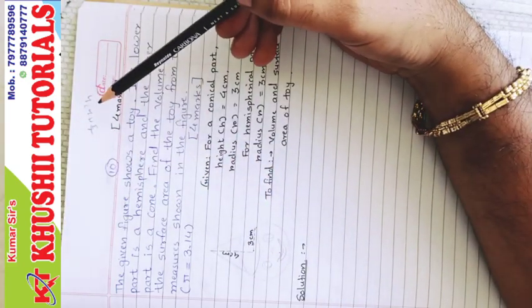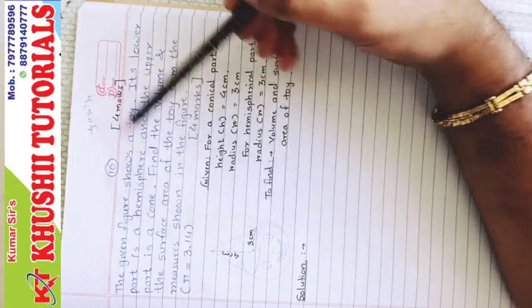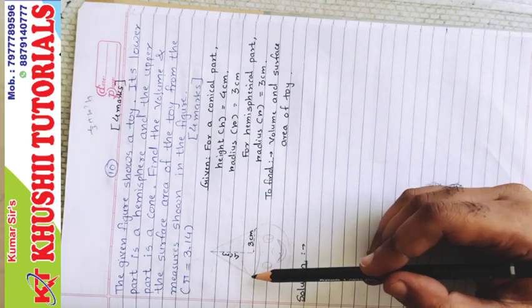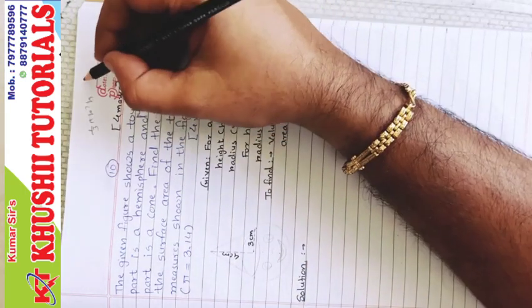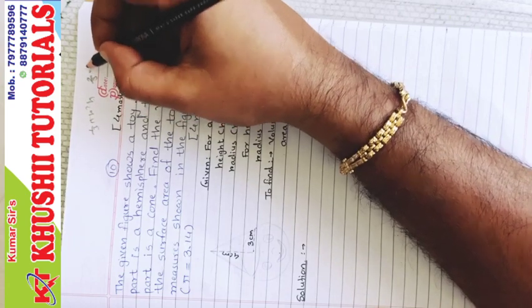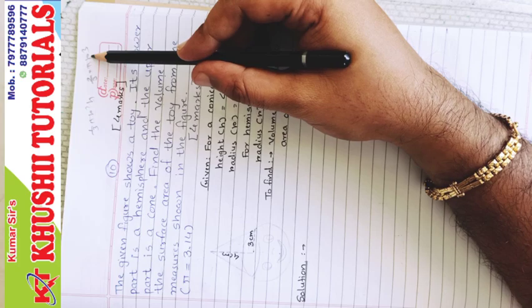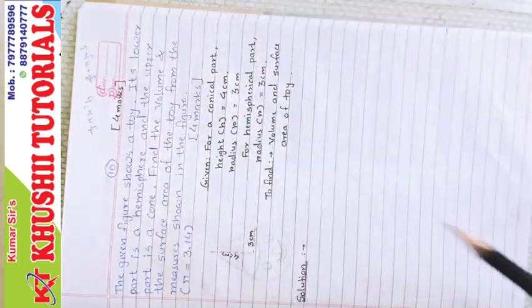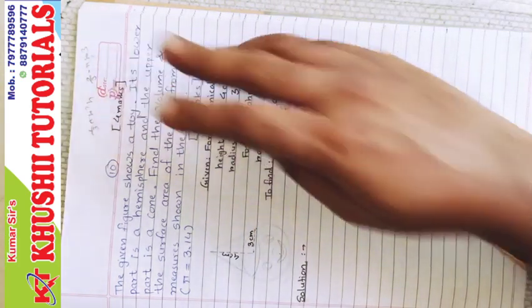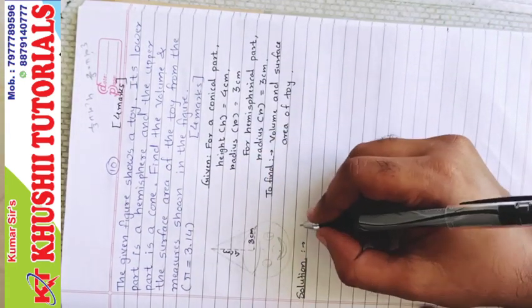It has all the given data: r is there, h is there. And the volume of hemisphere is 2/3 pi r cube. Here also radius is the variable and radius is given as 3. So we know all the data, and we don't have to apply any other formula first, directly volume.